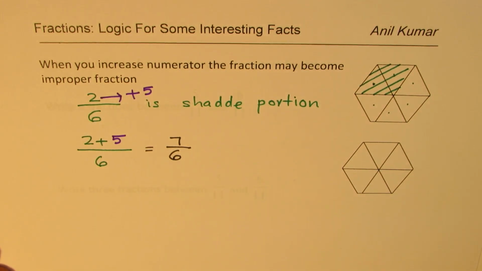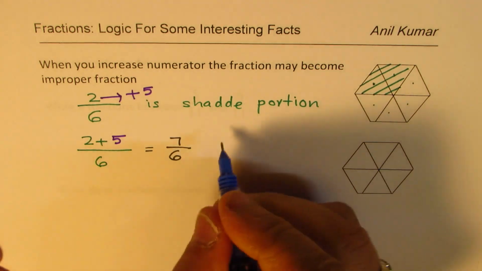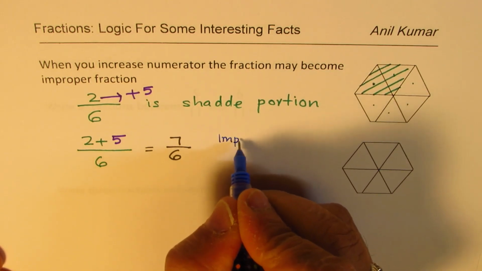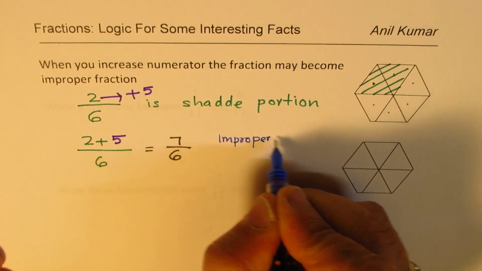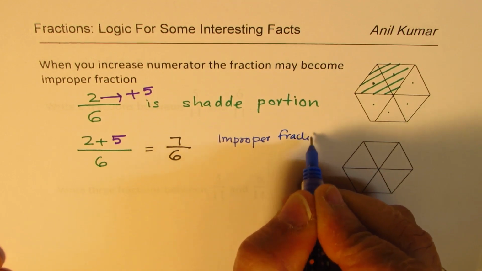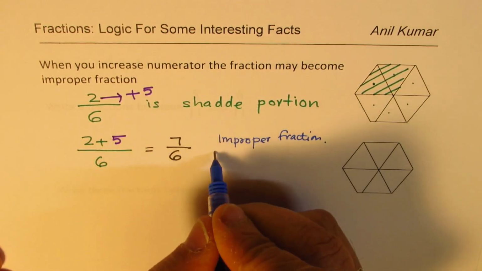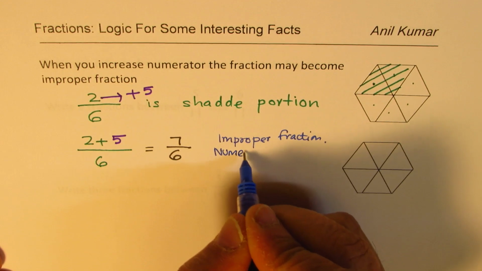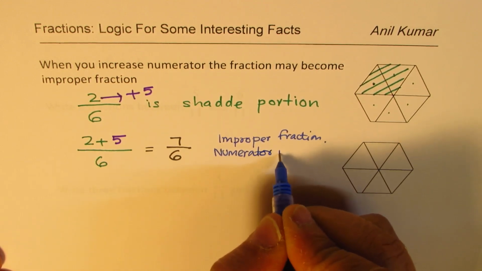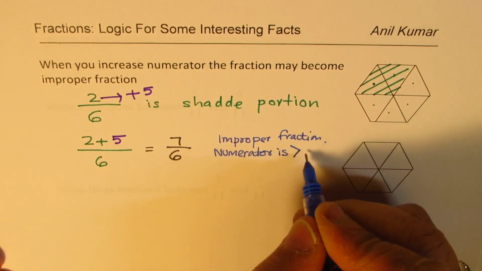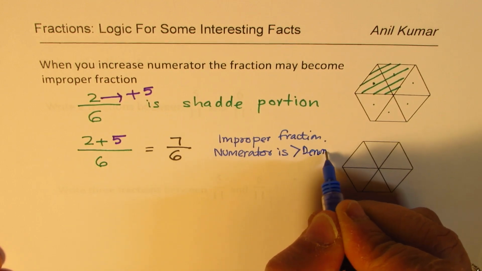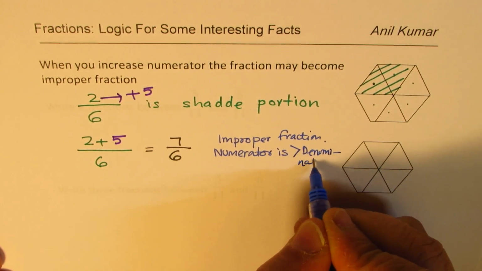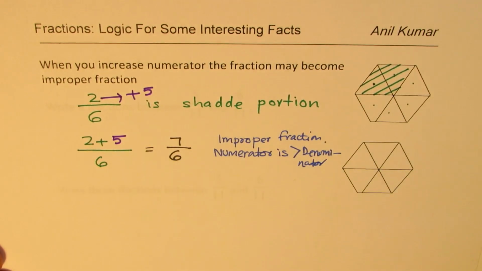Now 7 over 6 is an improper fraction. Why? Because the numerator is greater than the denominator. 7 is greater than 6. Do you get the idea?